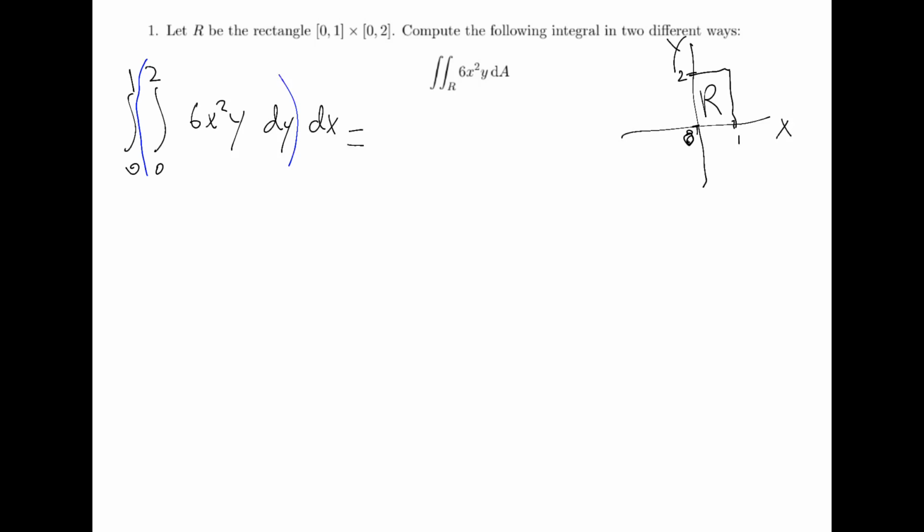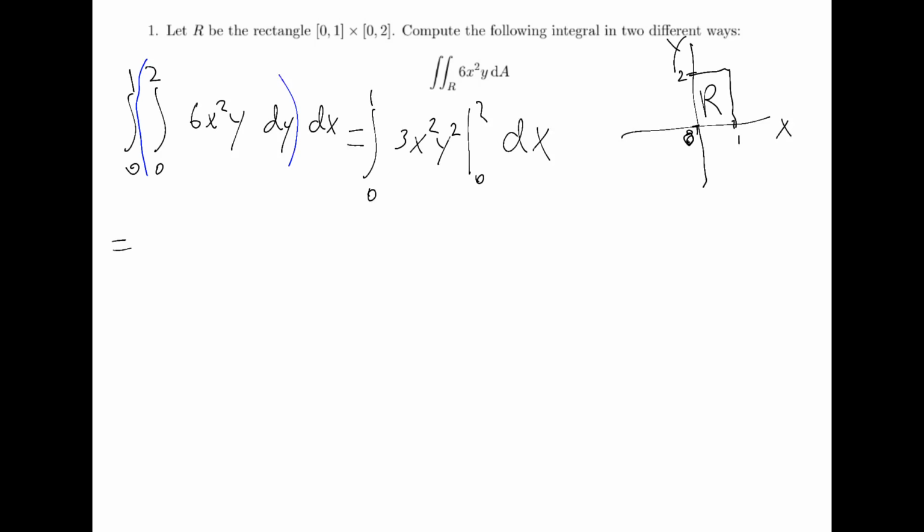So I'm going to leave the integral from 0 to 1, and compute the inner integral, where the antiderivative of 6x squared y is 3x squared y squared. Remember, if I differentiate this with respect to y, I get 6x squared y, which is what I want. And this is between the boundaries 2 and 0, and then I still have my dx. So this is always my first step: I start with the inner integral, I integrate with respect to y, and I treat x as a constant.